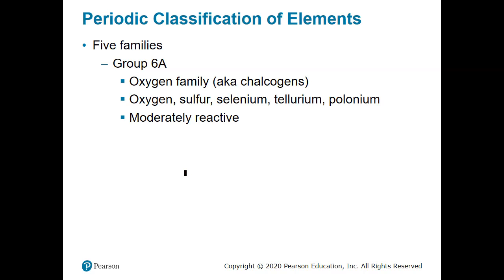And as you go down the line here, they get less and less reactive in that respect. Which is why the majority of materials that we see from this family come from either oxygen or sulfur. Selenides, tellurides, they exist. They're far more rare.